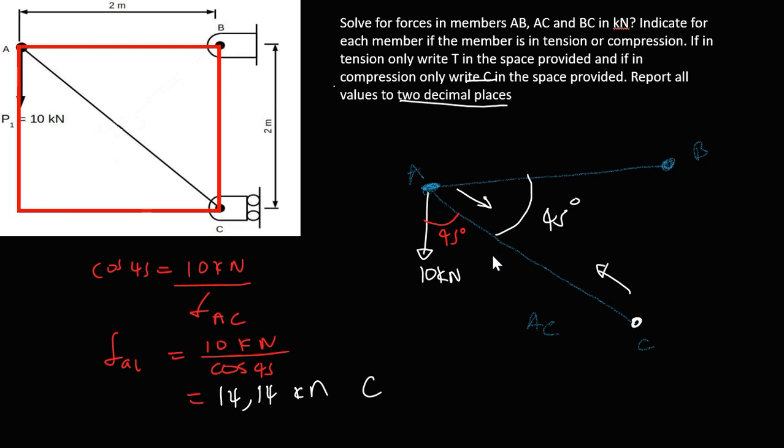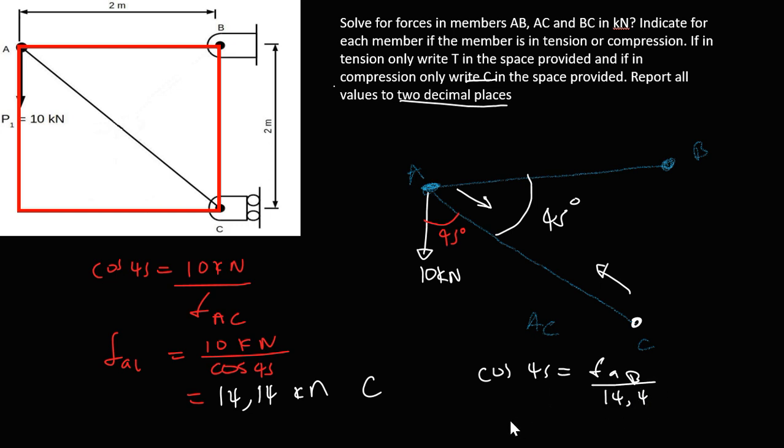We'll do the math again. Now you have the hypotenuse, right? So cos 45 equals the adjacent that you're looking for, which is force AB, all over the hypotenuse, which is 14.14.